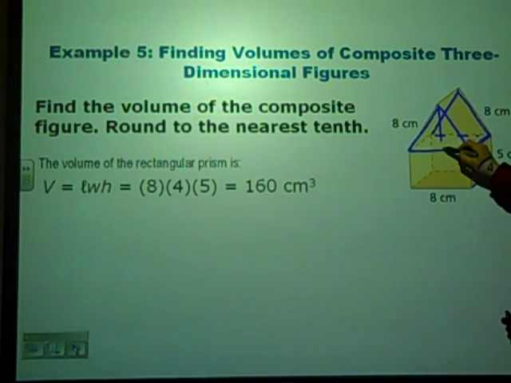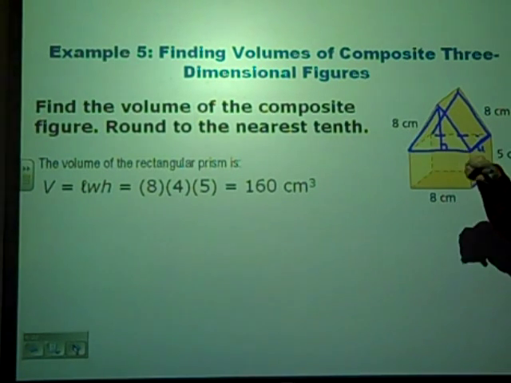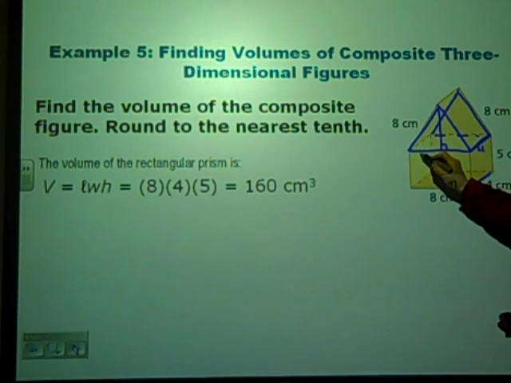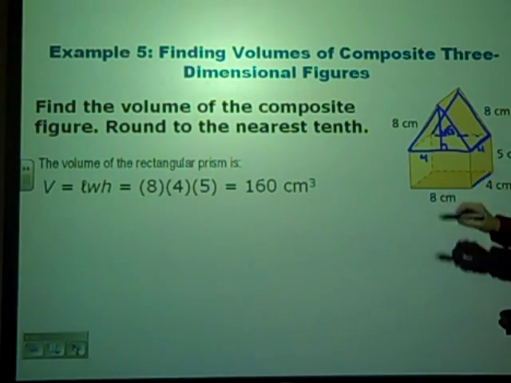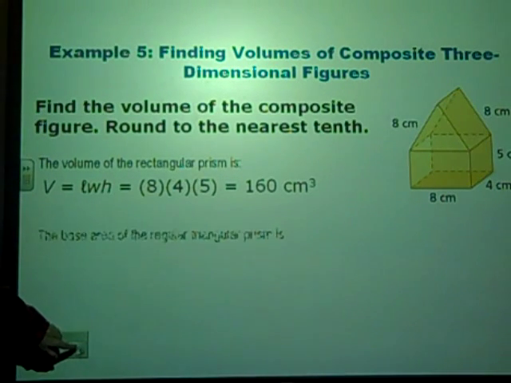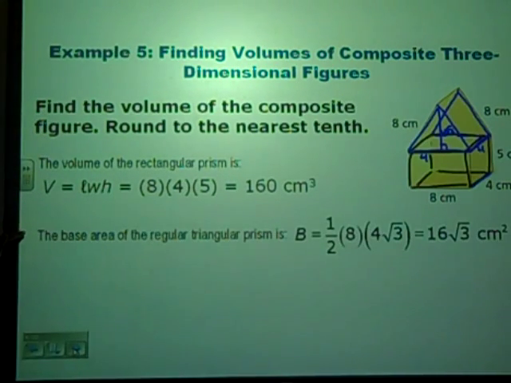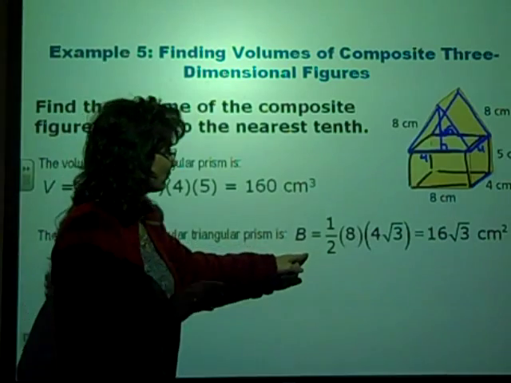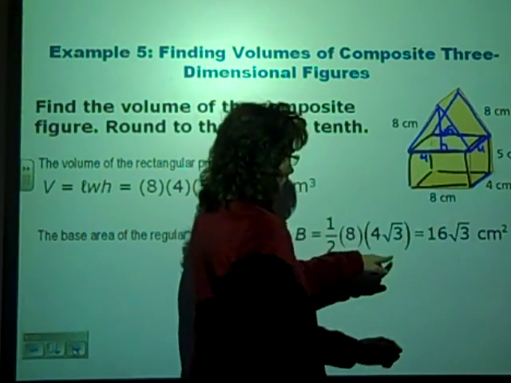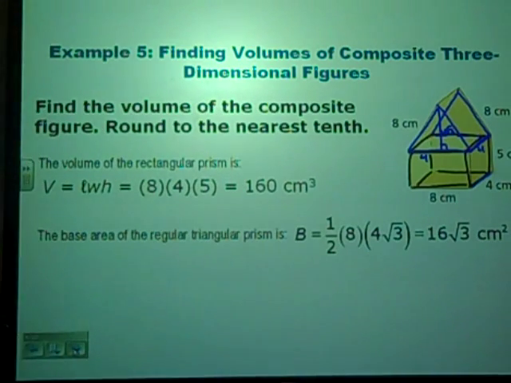Now, to find the height of this equilateral triangle, well, remember your 30-60-90 triangles, it's half the hypotenuse times the square root of 3. So 4 square root of 3 is our height. So to get the area of that base, we've got 1/2 total length 8 times height 4 square root of 3, 16 square root of 3.